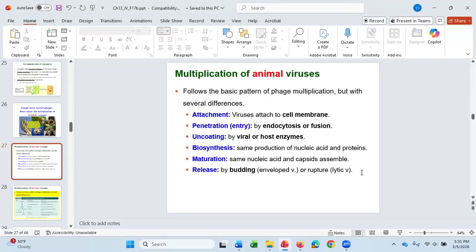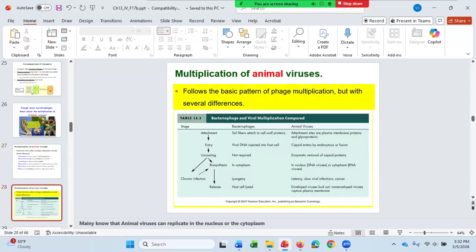It's very rare, but there are actually 4 animal life cycles. The 2 main ones are the lytic life cycle and the budding life cycle. Any question about any of that? And we'll later talk about the life cycle of animal viruses.